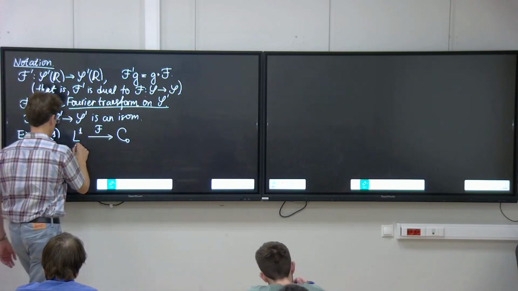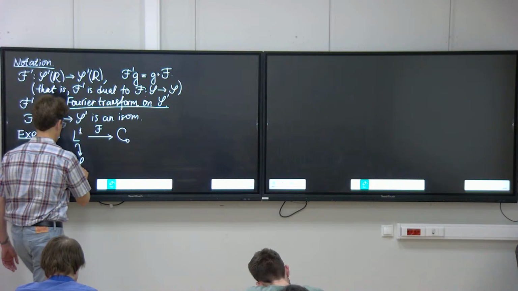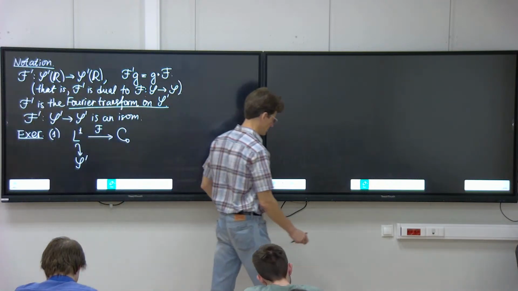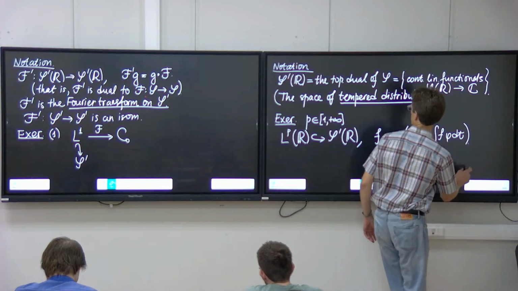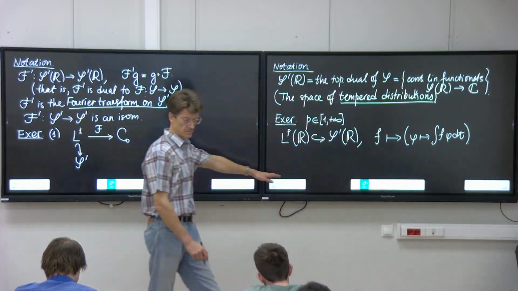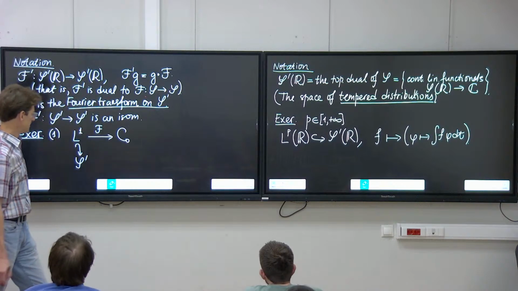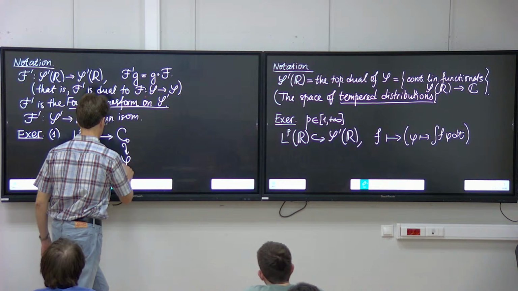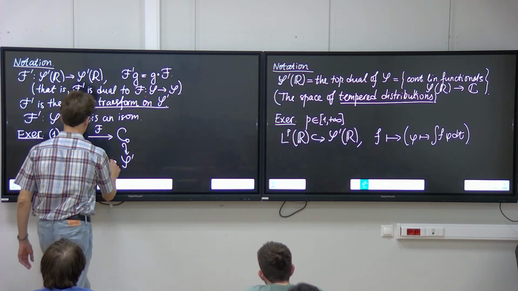Well, L1 is embedded into the space of tempered distributions by means of this formula. And the same formula gives us an embedding of C0 into S prime. And here we have F prime.